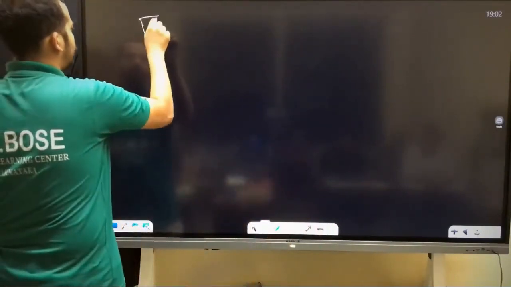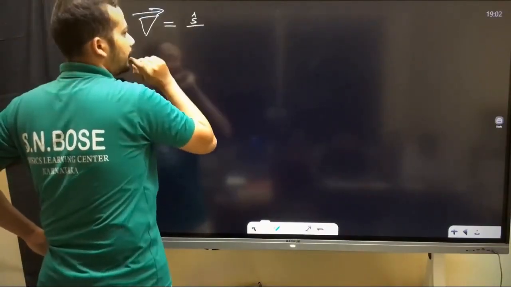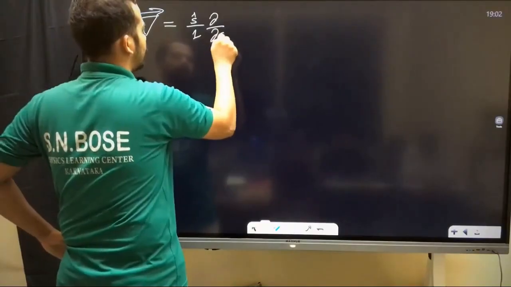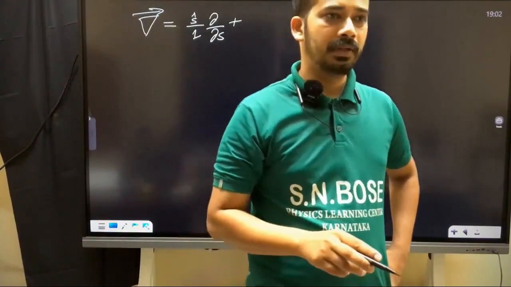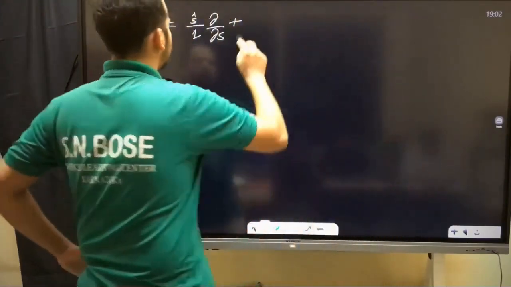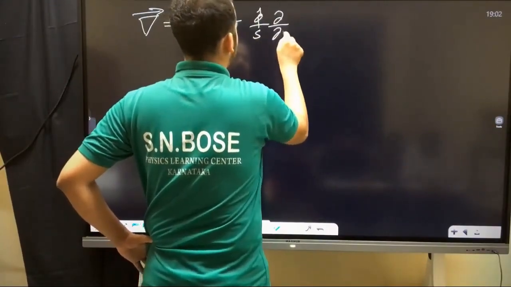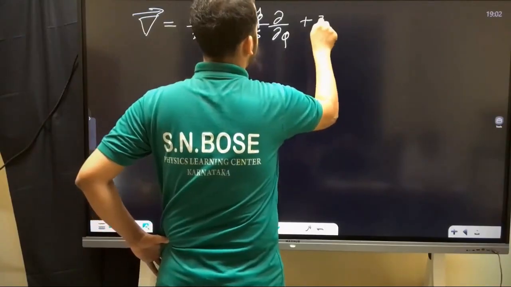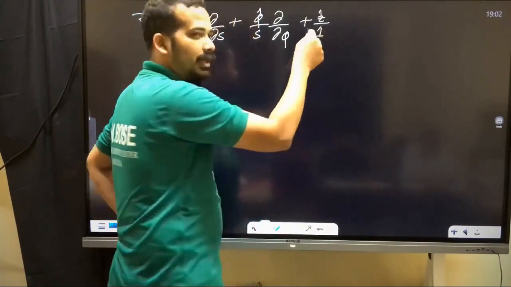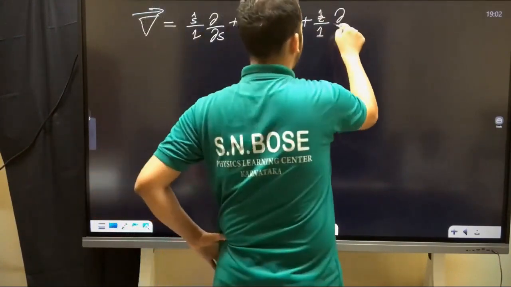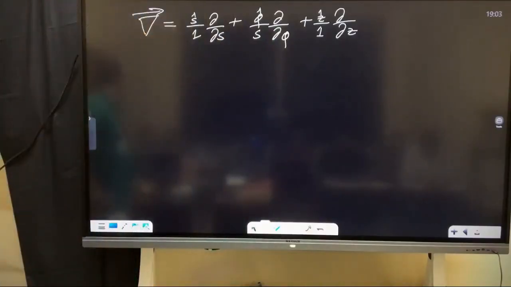First you define del in cylindrical coordinate: s cap times ∂/∂s, plus both gradient and divergence formulas are required to do this whole problem, plus φ cap divided by s times ∂/∂φ, plus z cap times ∂/∂z. This is your del operator, if you wish to find the gradient.